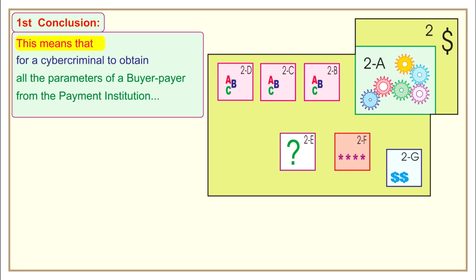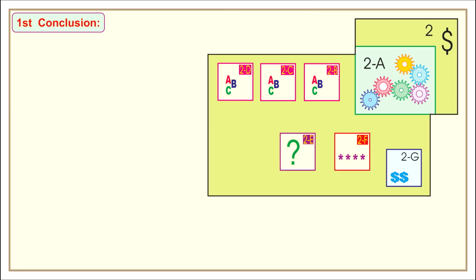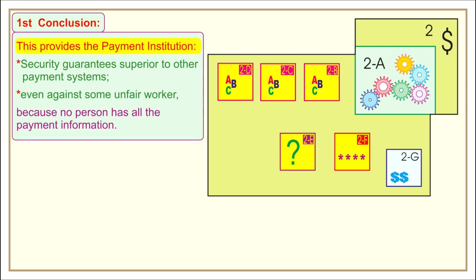This means that, for a cybercriminal to obtain all the parameters of a buyer-payer from the payment institution, they need to enter 5 departments. This provides the payment institution security guarantees superior to other payment systems, even against some unfair worker, because no person has all the payment information.